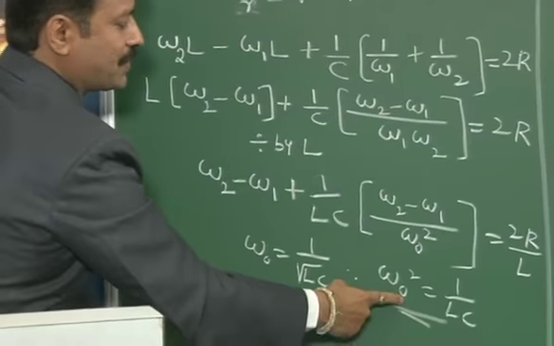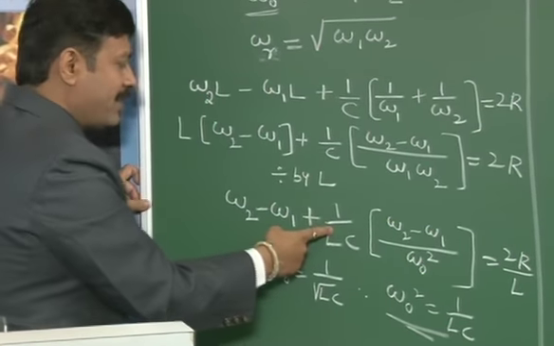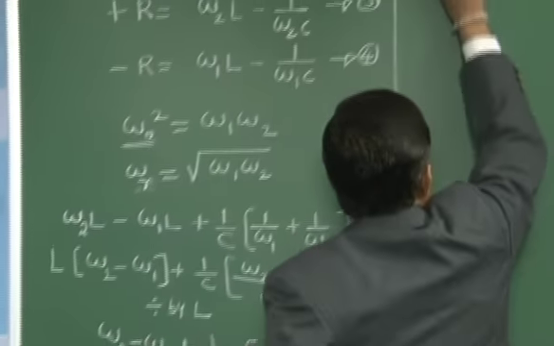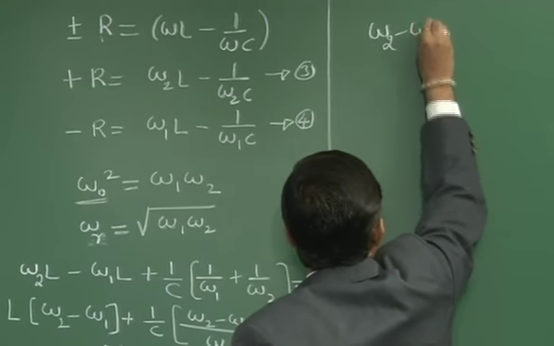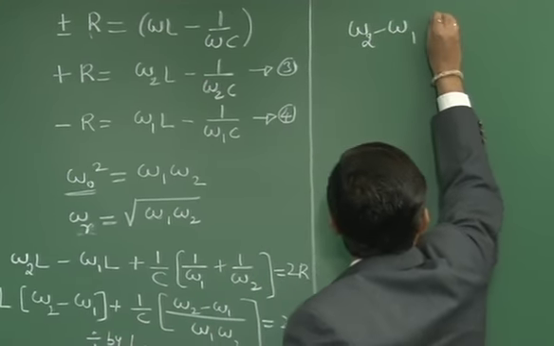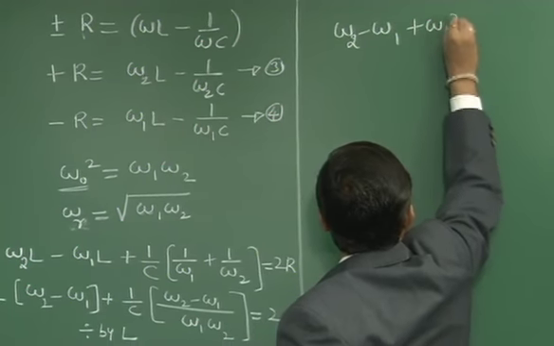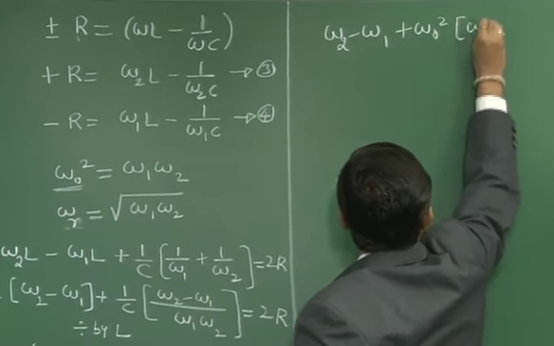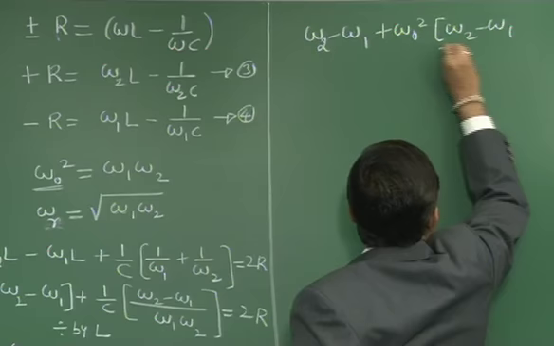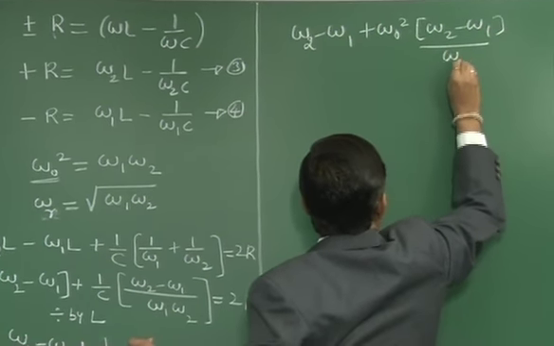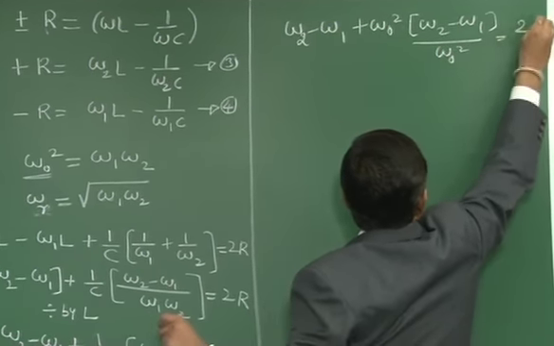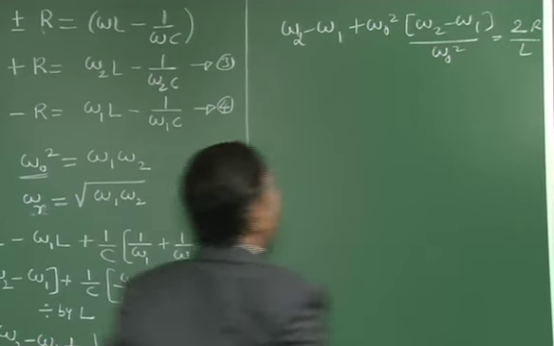Substituting here, we get omega 2 minus omega 1 plus omega naught square into omega 2 minus omega 1 by omega naught square is equal to 2R by L.